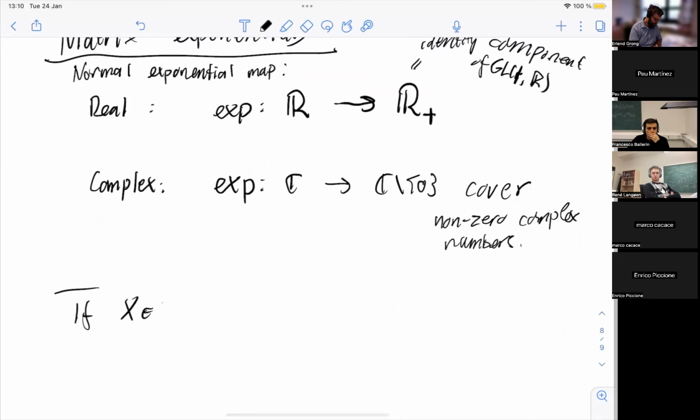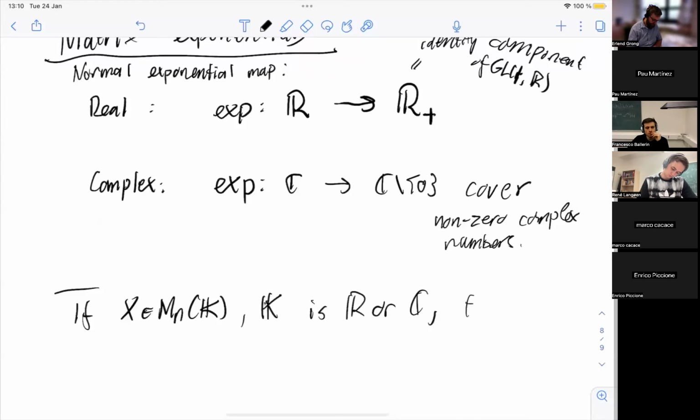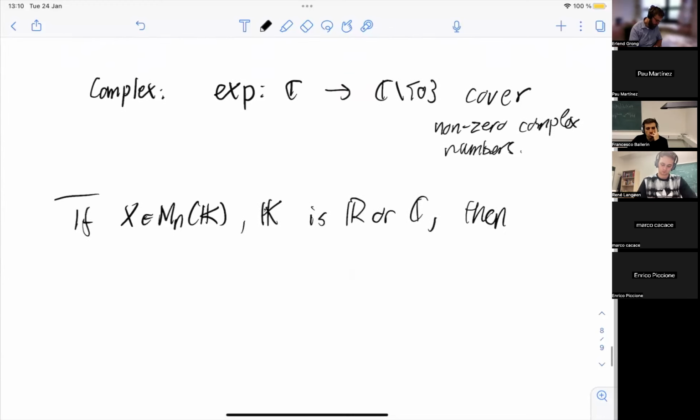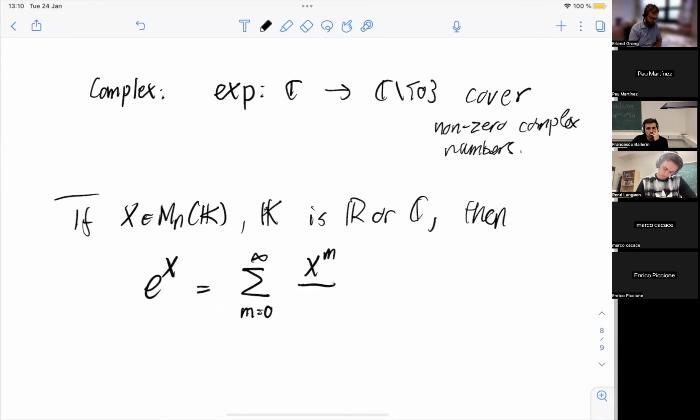So if x is in M_n(K), where K is R or C, then we define e to the power x as the sum from m equal 0 to infinity of x^m over m factorial.